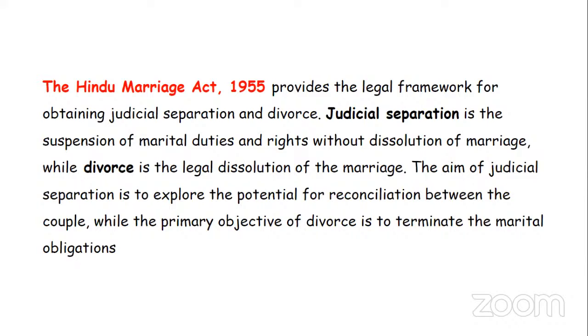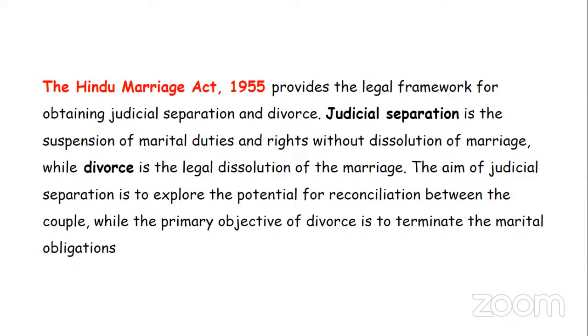So I think this judicial separation comes after we file a petition for divorce, and it is a period in between filing divorce and getting divorce. The aim of judicial separation is to explore the potential for reconciliation between the couple, while the primary objective of divorce is to terminate the marital obligations.